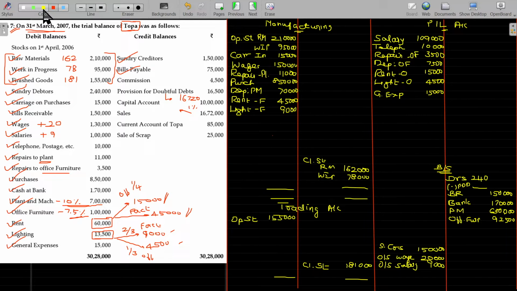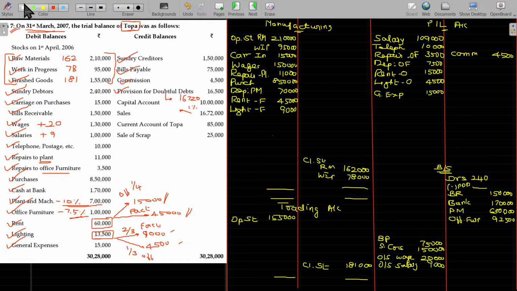Bills payable also being in the liability side, the value being 75,000. Commission is an income. Where will it come? P&L account, general income, 4,500.